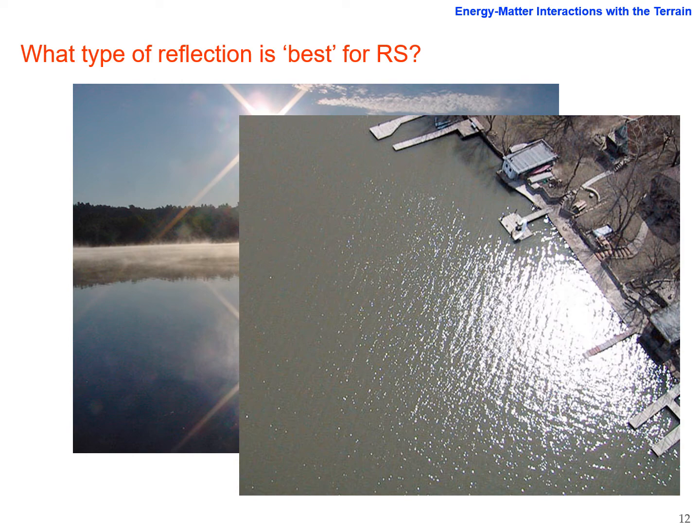And when that occurs over water, we call that glint. And these days, you don't see glint very much in remote sensing or remotely sensed images. And the reason is that the people who either fly the airborne data or who set up the orbits for satellites make sure that the satellite is never in a position where you could get glint.